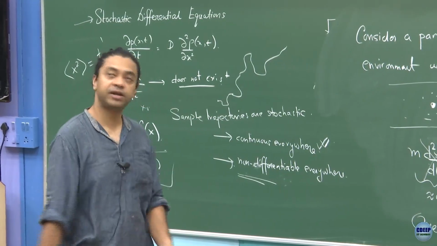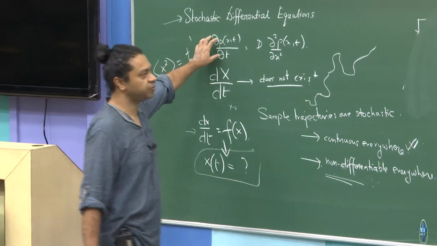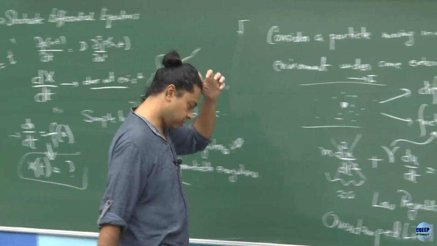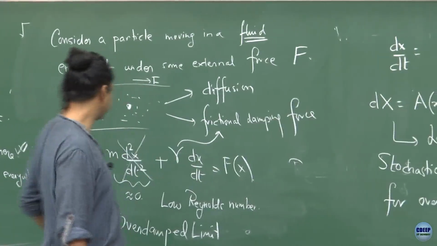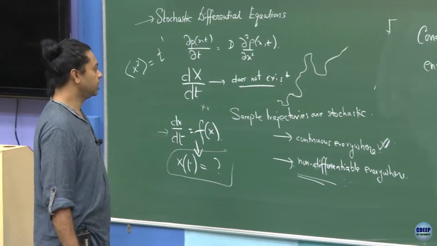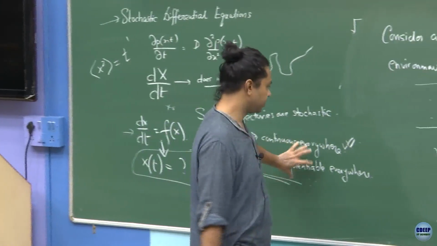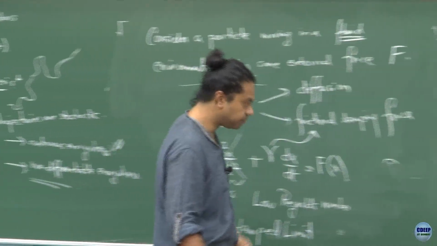All right. So, what we have done is that we are working with this diffusion equation. Now, instead of thinking about the probability distributions, we think about the underlying trajectories that generate for me this probability distribution. We showed that the right way to think about these trajectories is as these sort of non-differentiable paths.